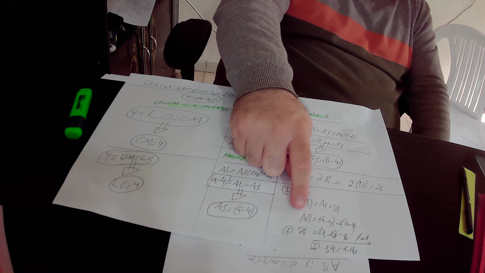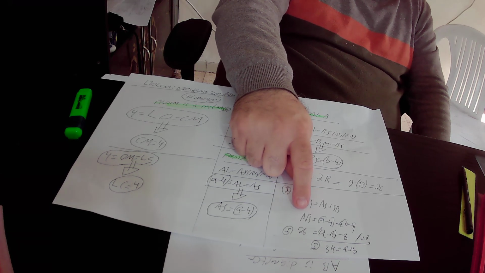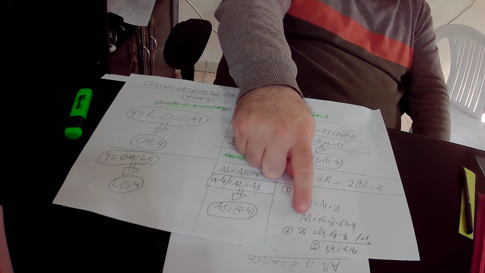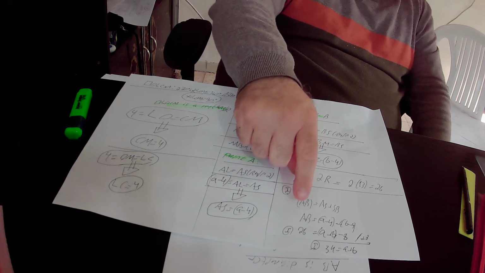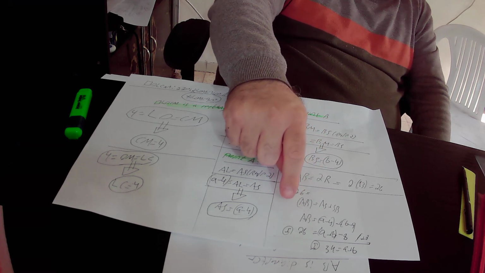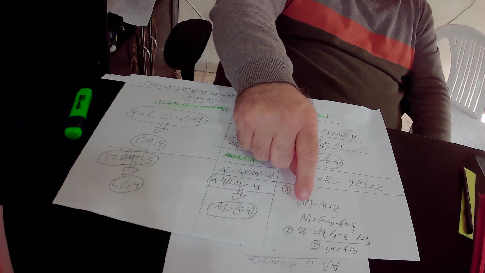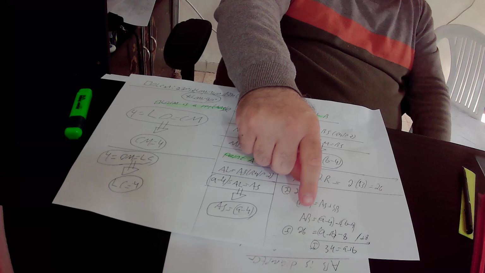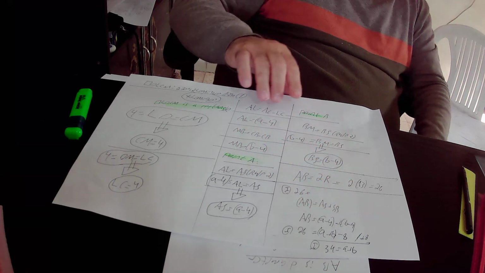A minus 4 plus B minus 4 is A plus B minus 8. So in conclusion, we found out that 26 equals A plus B minus 8. We added 8 to this equation, equation number 1, and we found out that 26 plus 8 is 34. 34 equals A plus B.